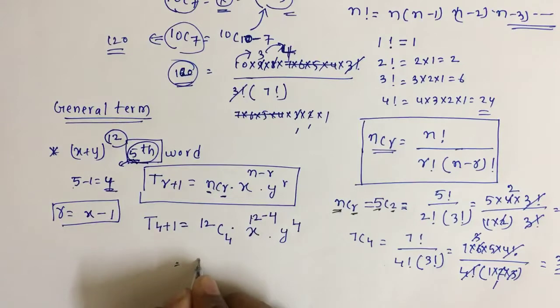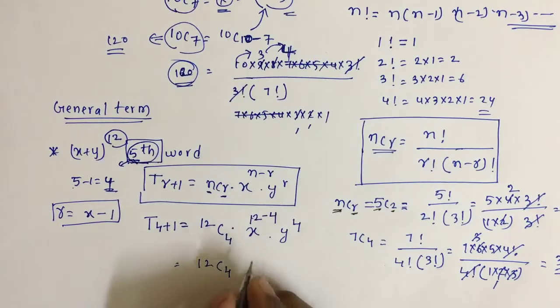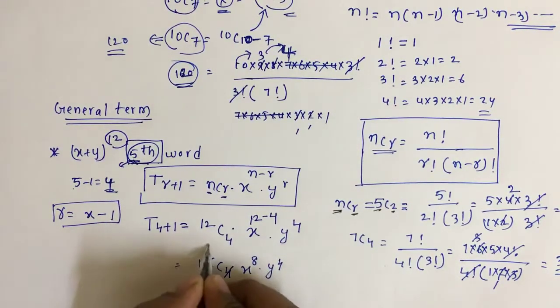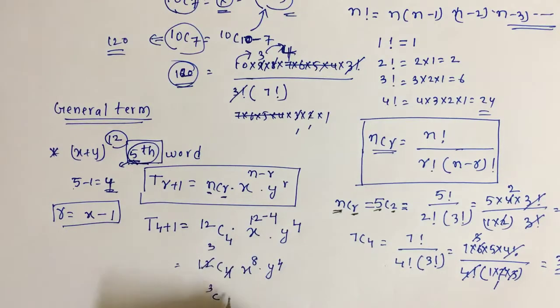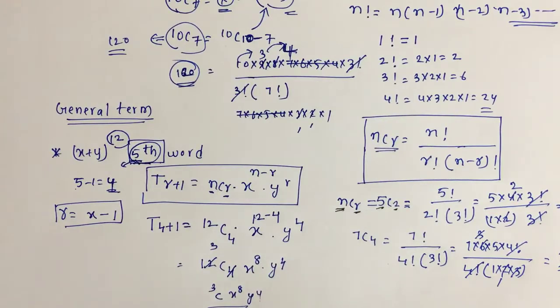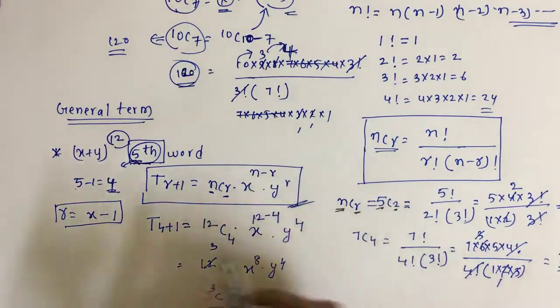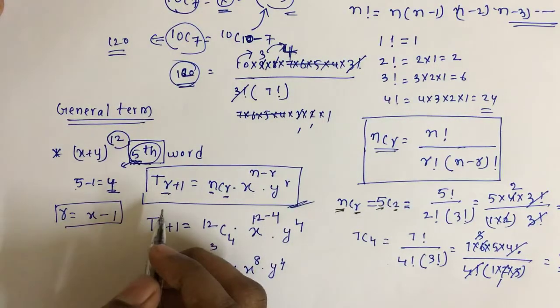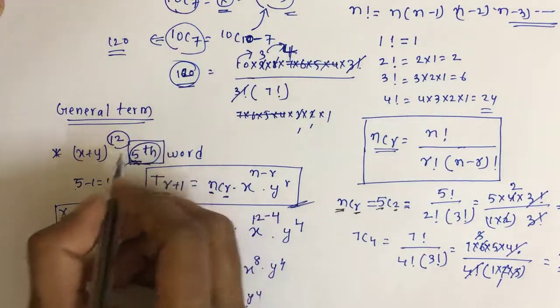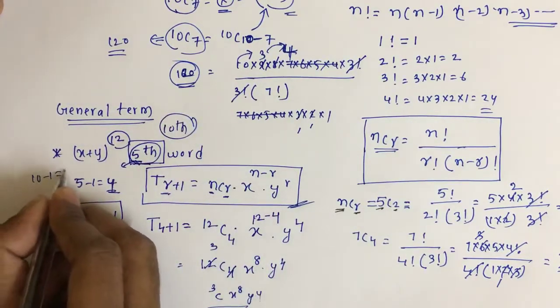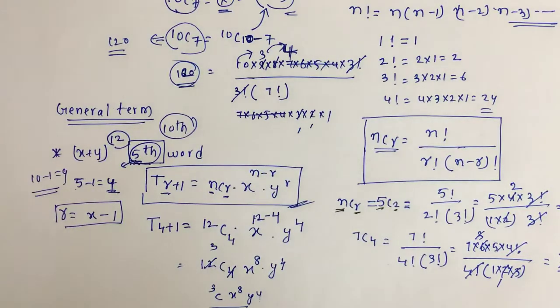So the final answer will be 12C4 x^8 y^4. This we can also write as 12C8 x^8 y^4, like this also we can write. So here you just need to remember this principle, then how to calculate the r value. The r value is nothing but, if they ask to calculate the 10th term in this, then the r value will be 10 minus 1, which is 9. So like that we have to calculate the r value.